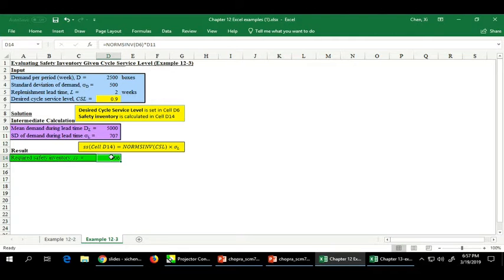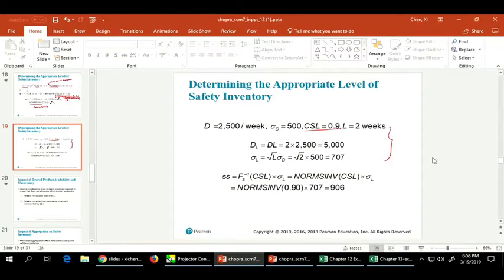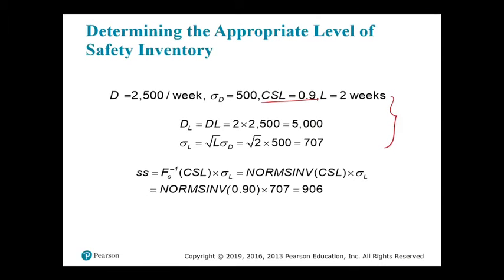All we do here is change the desired cycle service level to be 0.9, and then you can use the formula NORM.S.INV of the CSL value times sigma L. Any questions so far?